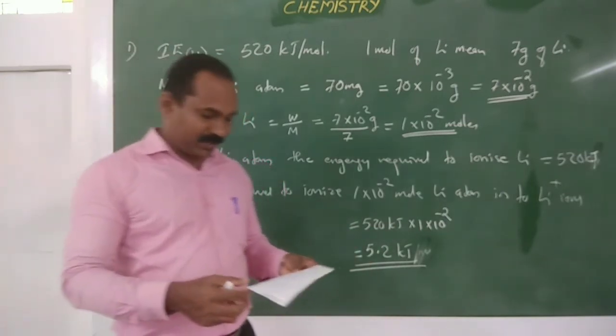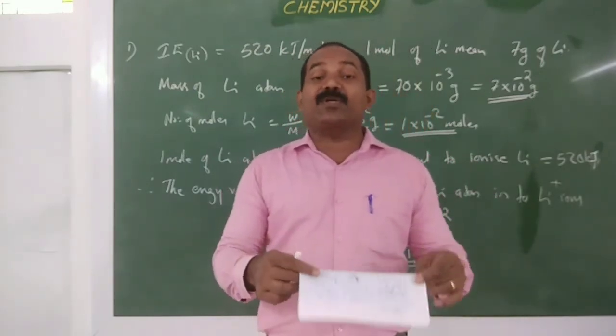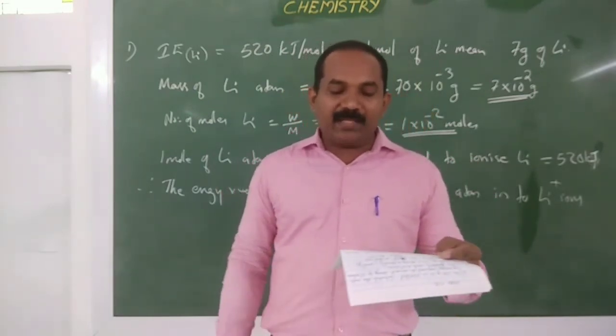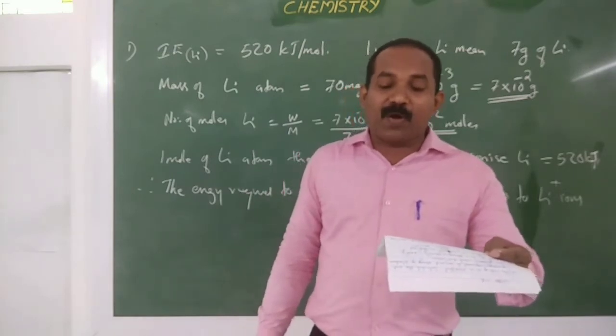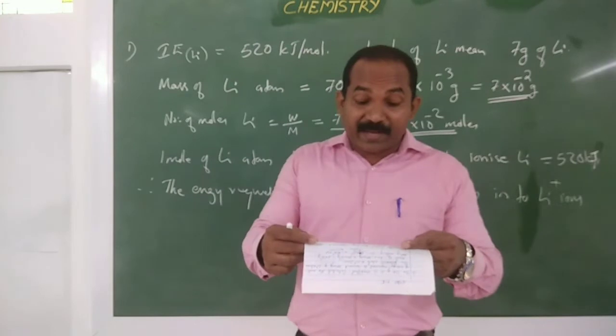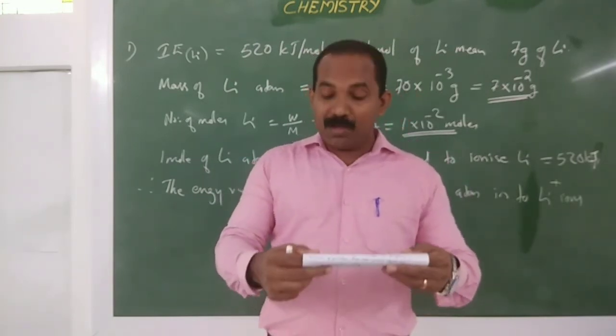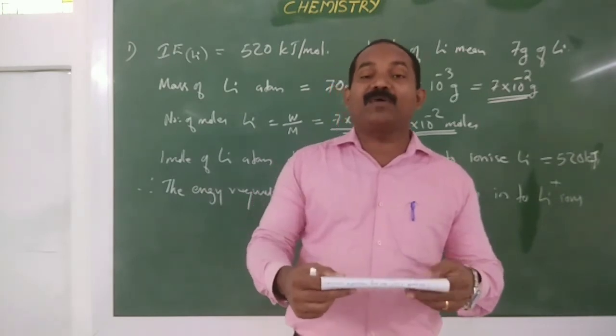The second question: the ionization potential of hydrogen is 13.6 electron volt. Calculate the energy required to produce hydrogen ions from 0.5 gram of hydrogen.